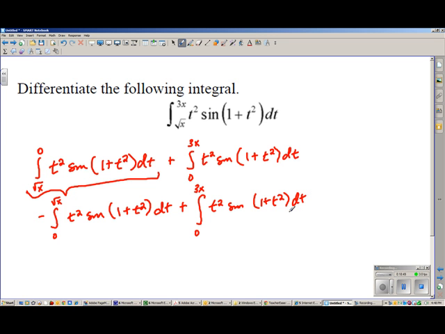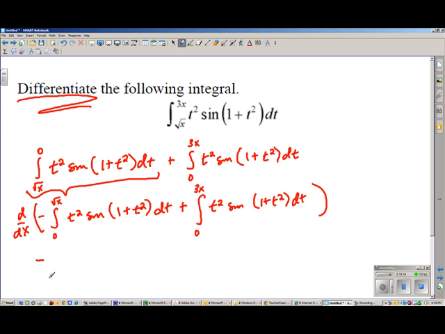Now remember, we're going to differentiate. We're going to take derivatives now of this, right? So we're going to take the derivative of all of this, and the derivative of the integral, well, we'll say, geez, we're going from 0 to radical x.